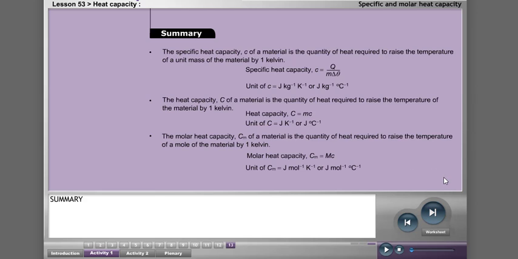The molar heat capacity Cm of a material is the quantity of heat required to raise the temperature of a mole of the material by 1 Kelvin. Molar heat capacity Cm equals big M times c. Unit of Cm equals joules per mole per Kelvin or joules per mole per degree Celsius.